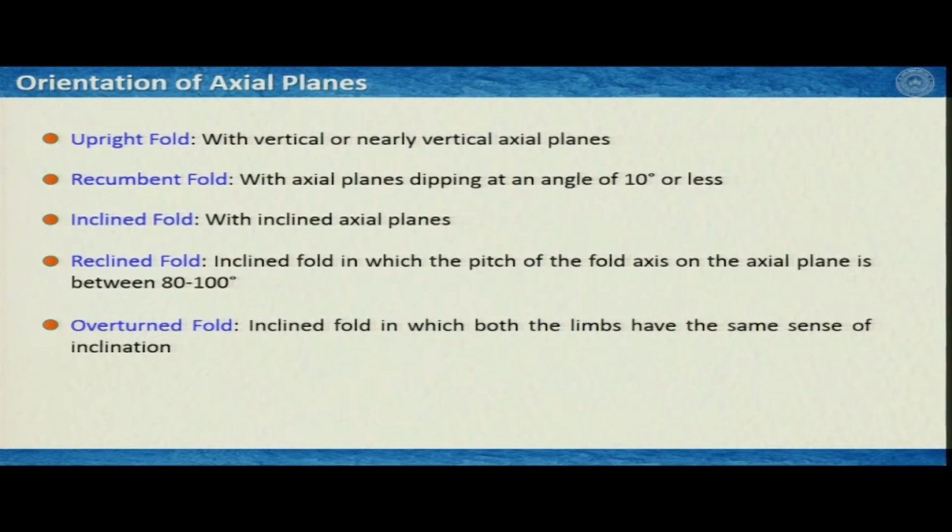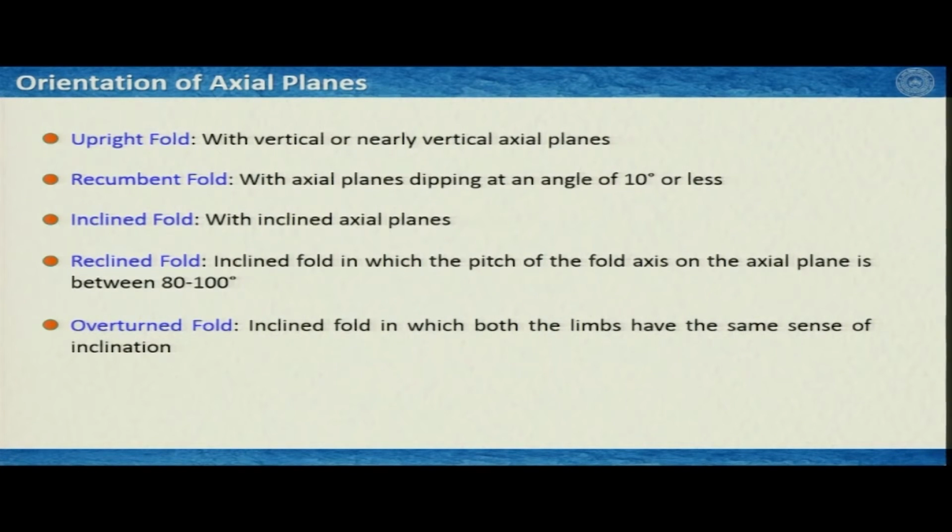The reclined fold is a very special type of inclined fold in which the pitch of the fold axis on the axial plane is vertical or orthogonal, about 80 to 100 degrees. An overturned fold is also a kind of inclined fold in which both of the limbs have the same sense of inclination.